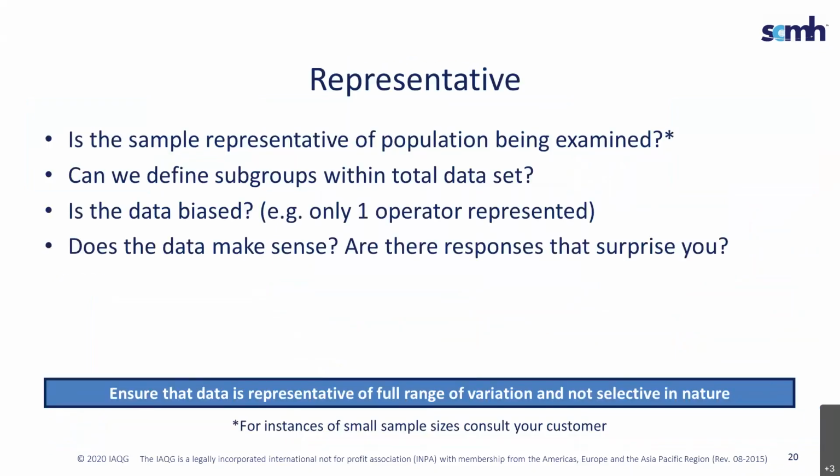All right, so we've talked about variable and attribute data, so we know the data type, we've characterized that. Now we have to understand, is it representative? The fact is, every time we take a sample, it's not going to be the population, and even if we took every single one, that still doesn't guarantee the next sample is going to be the exact same as the previous 1, 10, 1,000 samples, okay?